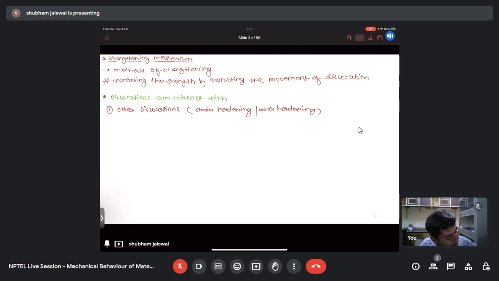The second way by which the dislocations can interact is with the grain boundaries, and this mechanism of increasing the strength is known as grain boundary strengthening.